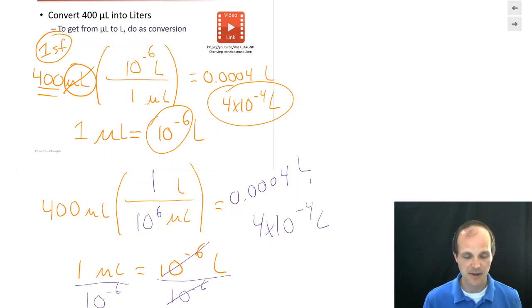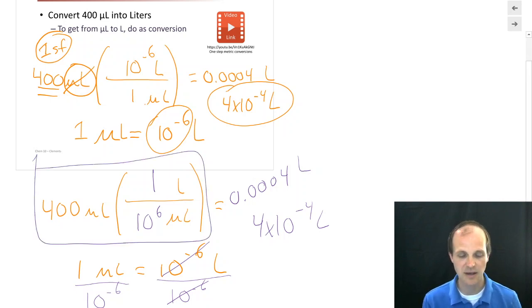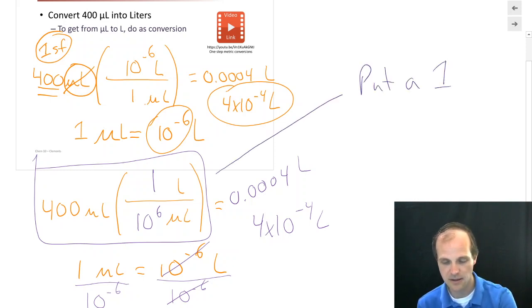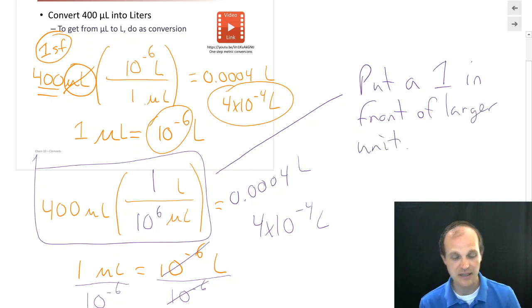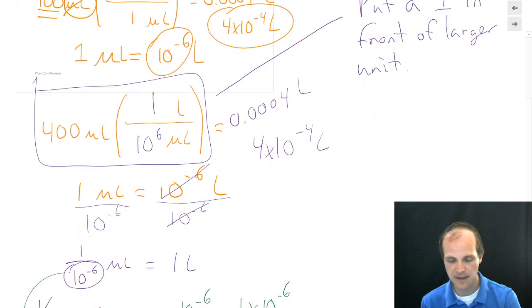So the general rule, if you're going to be using this method, and like I said, this method is the one I'm going to be using as we go forward in the class, is this: you put a 1 in front of the larger unit. So here, liters is larger than microliters, so I put a 1 in front of liters.